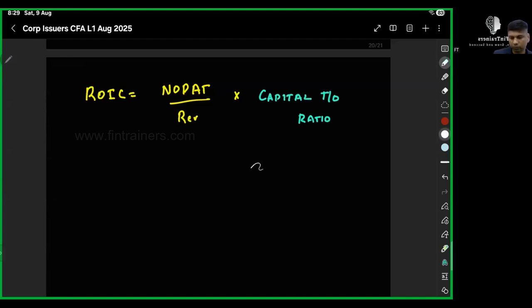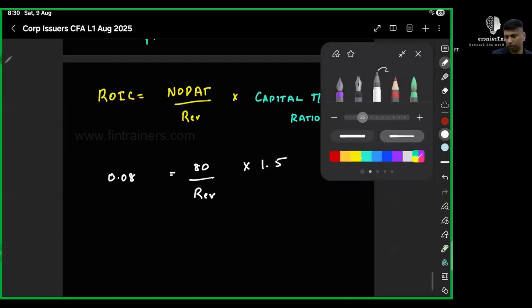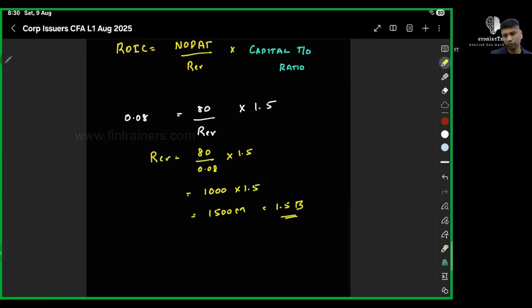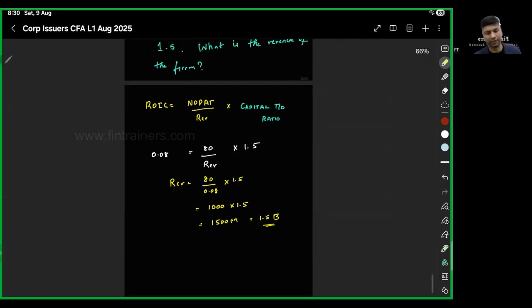Okay, so this one is 1.5, they said, and we know the ROIC is 8%. And NOPAT we calculated as 80, I think. We have to solve for revenue. So just cross multiply that. So my revenue is equal to 80 by 0.08. So my revenue is 1,500 million or 1.5 billion.